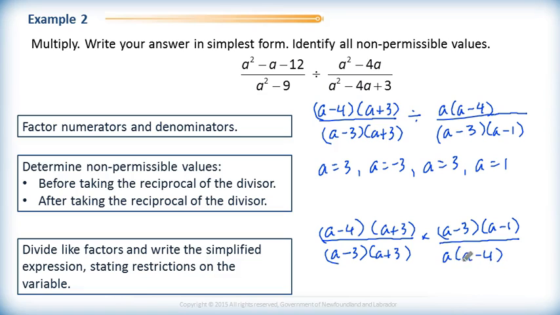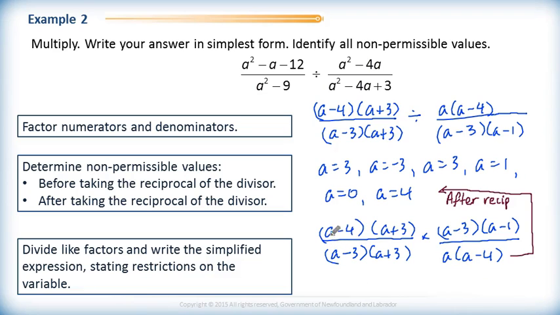Now we have to inspect. That gives two more non-permissible values: a equals 0 and a equals 4. These two come from after we take the reciprocal.